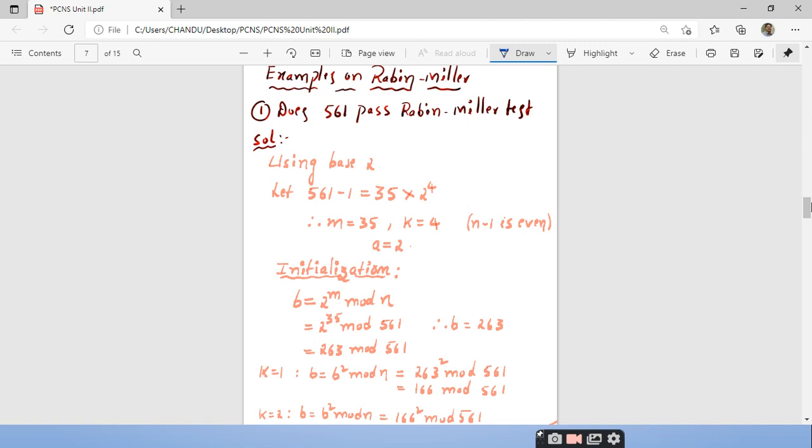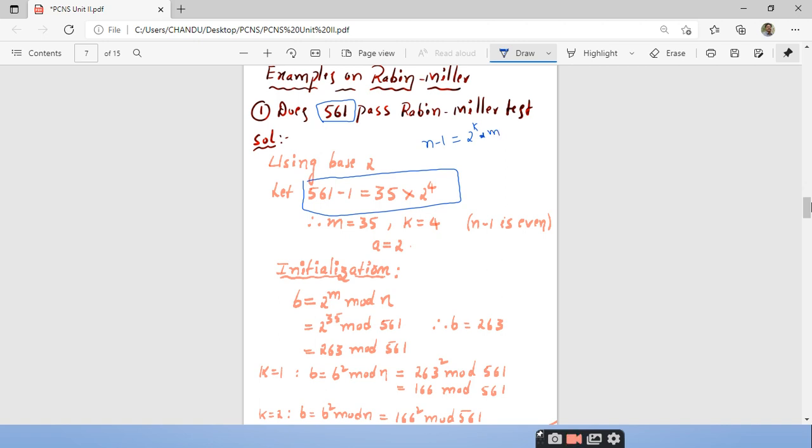Now my primary task is to check whether 561 passes this Rabin-Miller test or not. Passing the Rabin-Miller test means it will check whether it is prime or not, right? So let us start with it. The first step is you have to calculate n minus 1 is equal to 2 power k into m.